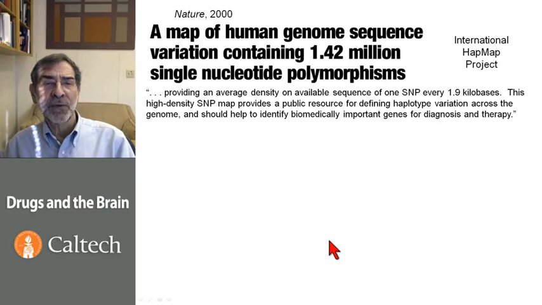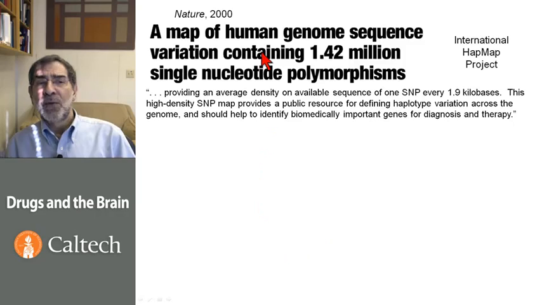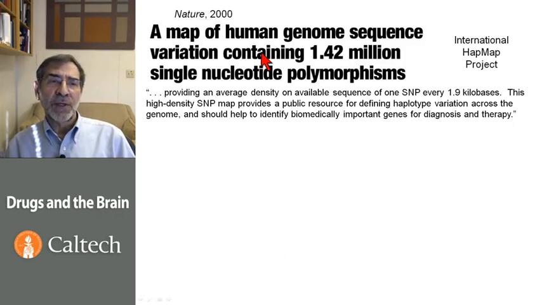So we have finally arrived at the genome, a place where biologists go again and again. When the original nearly complete map of the human genome was first published in the year 2000, companion papers reported on the so-called HapMap project, which is a map of human genome sequence variations containing single nucleotide polymorphisms.